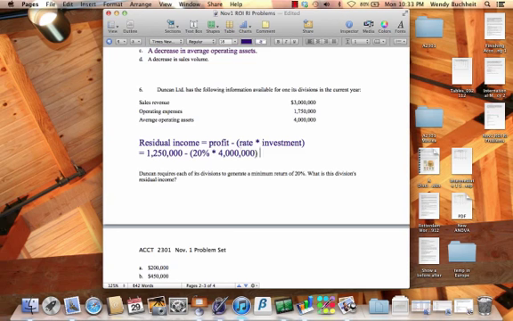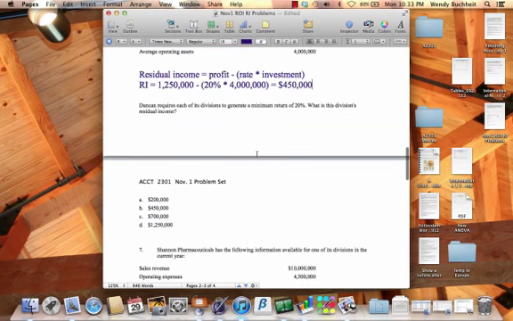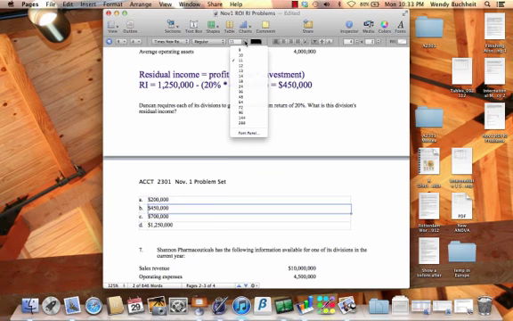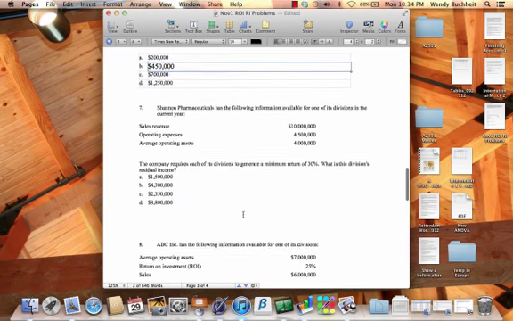All right, so that's the problem. Residual income is equal to 1.25 million minus 20% times the 4 million average operating assets. That gives you $450,000 worth of residual income. As we talked about during class, anytime residual income is positive, that's a good thing. All else equal, you would engage in this project, right, and invest in it. $450,000 of economic profit.